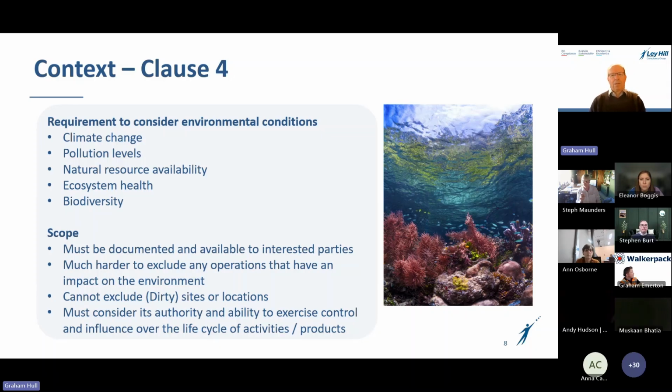You think you don't, but if you create waste, you create pollution in some shape or form. What natural resources do you use? Is the overall ecosystem health that you're affecting or working within being compromised in any shape or form, and biodiversity? So those 5 areas now have to be considered within the context of what you do.